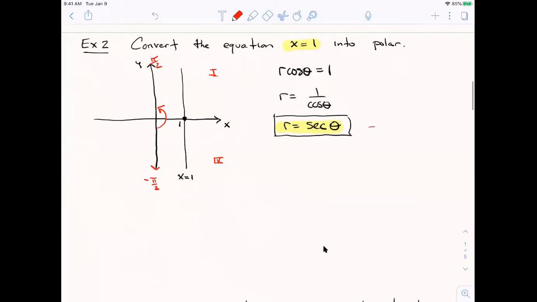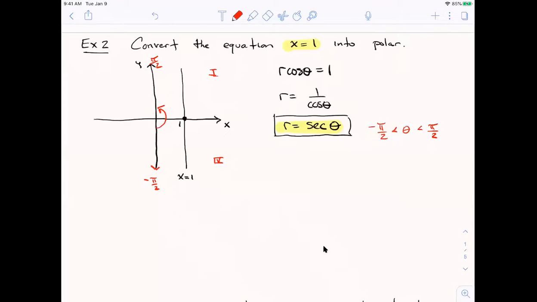You remember that the secant function itself is not defined at pi over 2 or minus pi over 2 because you'd cause division by 0. So this radius will keep getting longer and longer as theta approaches those forbidden values.